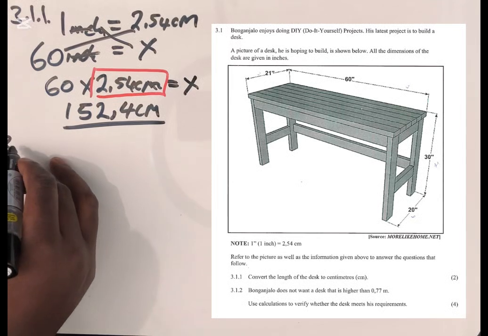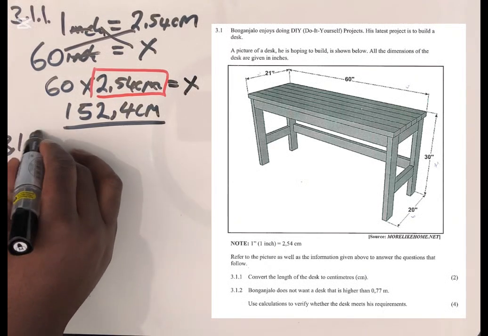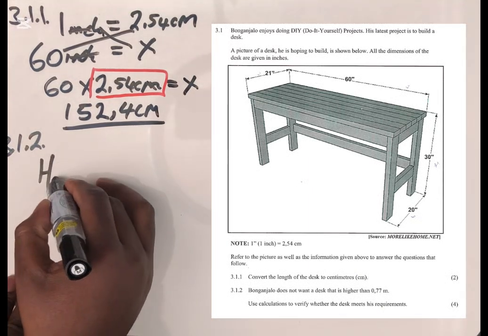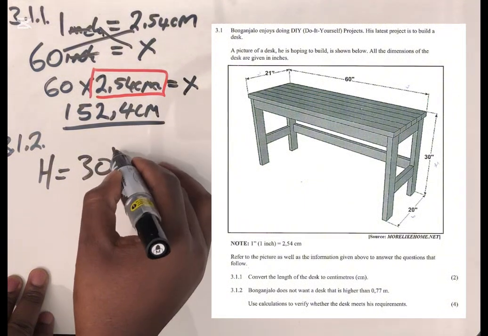And then 3.1.2, it says that Bonganjalo does not want a desk that is higher than 0.77 meters. Use calculations to verify this. So he needs something which is less than 0.77. The height that he has here is 30 inches.